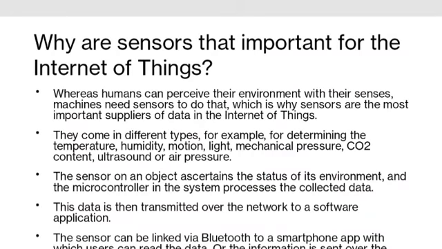Then my next question is, why are sensors important for the Internet of Things?